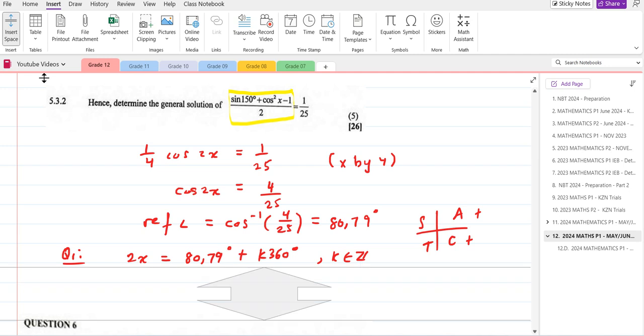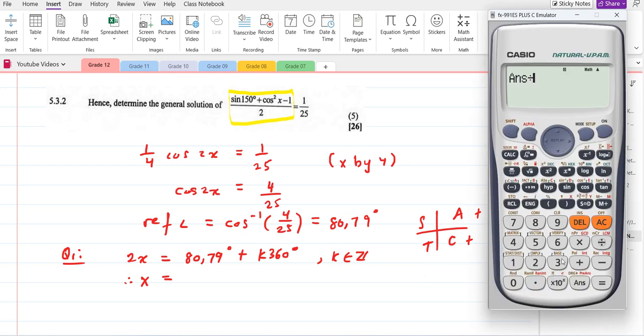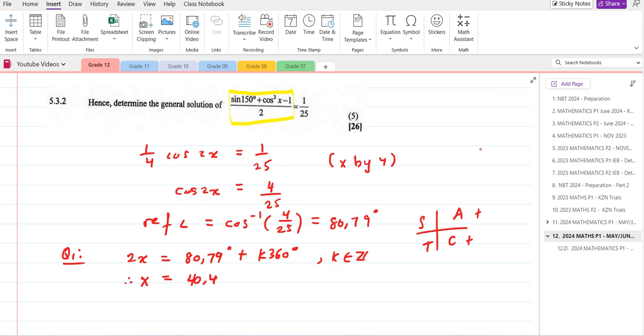Now simplify this. Therefore x is equal to 80.79 divided by 2. So I'm going to take that and divide it by 2. Divided by 2, I'm getting 40.4 plus k180, because 360 divided by 2.